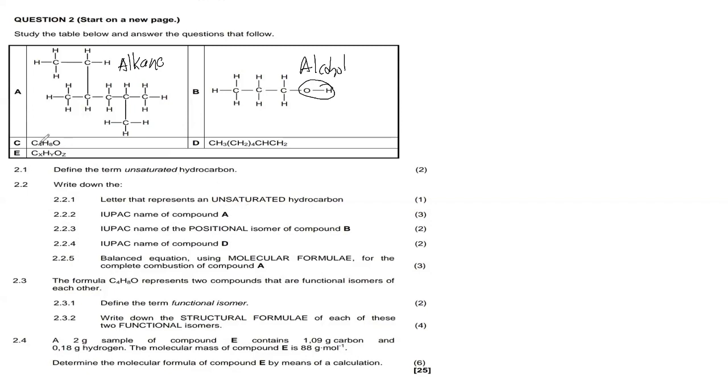Then we have C, C4H8O, which, according to this molecular formula, corresponds to the general formula CnH2nO, which is only applicable to aldehydes or ketones.